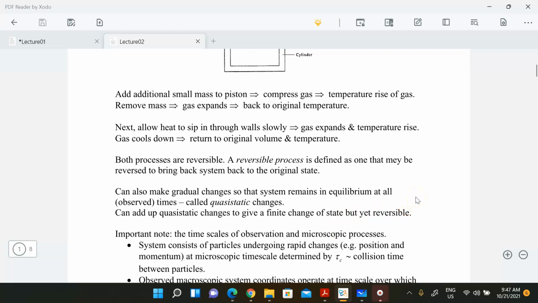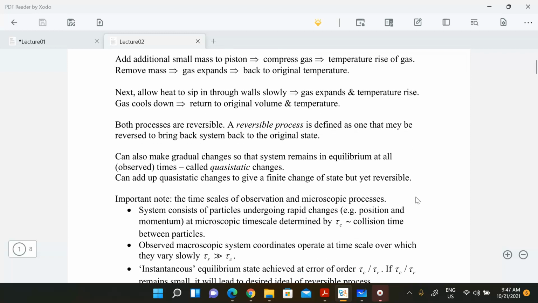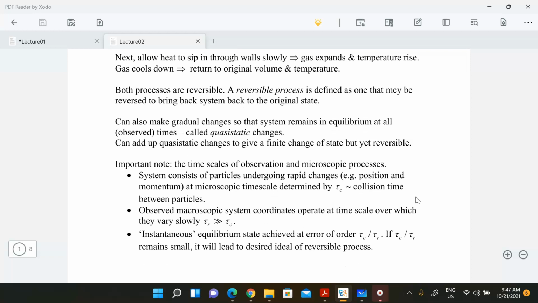In differentiating between these two, one needs to take note of a few things. One is that there are two different time scales. There is the time scale of the processes of, say, the gas molecules, the microscopic processes, and the time scale where you start to observe the whole macroscopic system. If you think of the system at the microscopic level, the gas molecules are doing a lot of things.